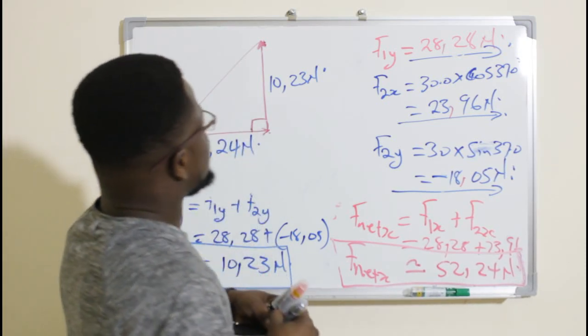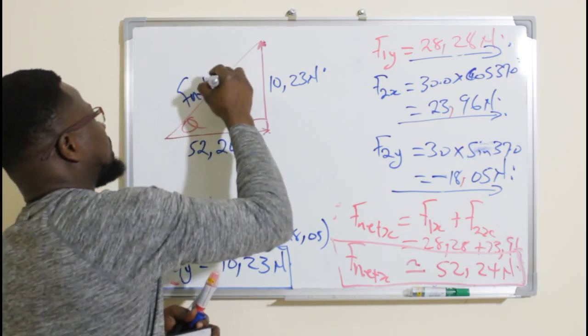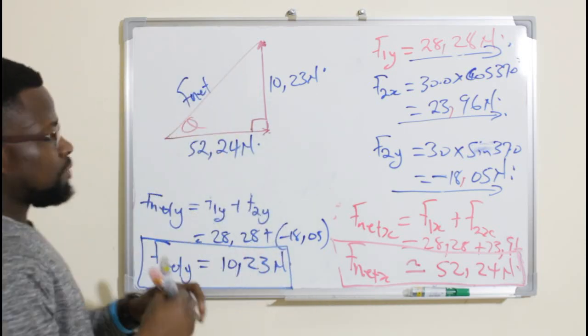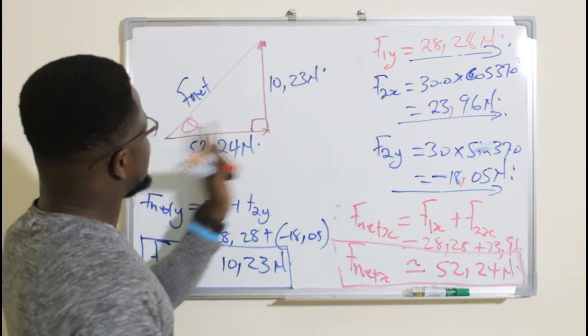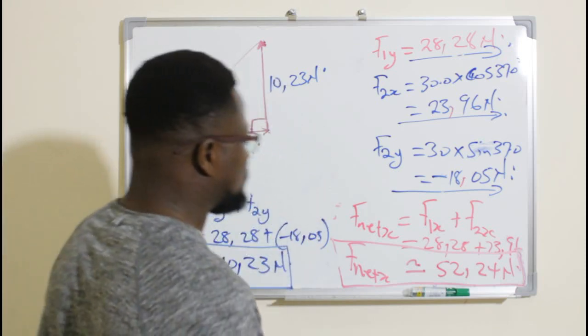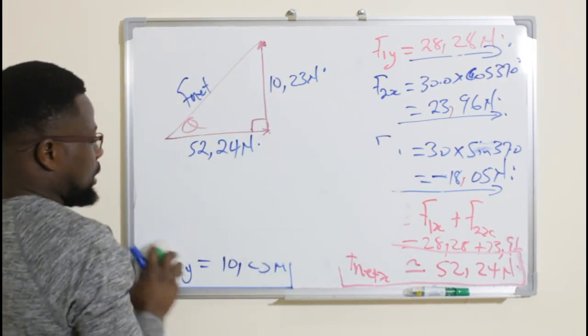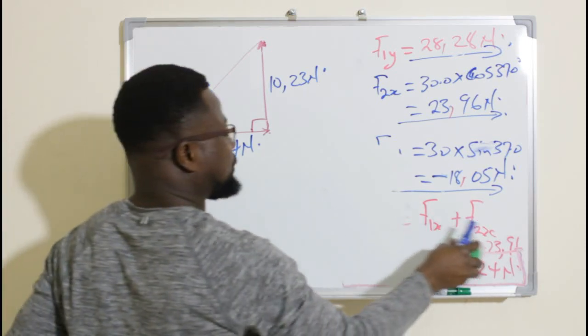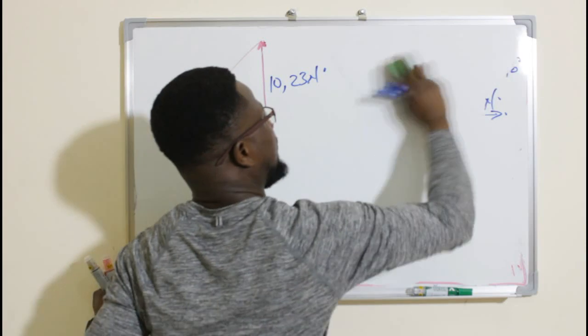So I have gotten this. What I need to look for is F net. Remember, whenever we have a right angle triangle like this, we can simply apply Pythagoras Theorem. If I apply Pythagoras Theorem to solve the problem, then it's going to look like this.